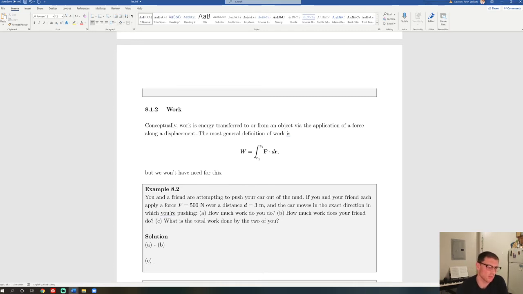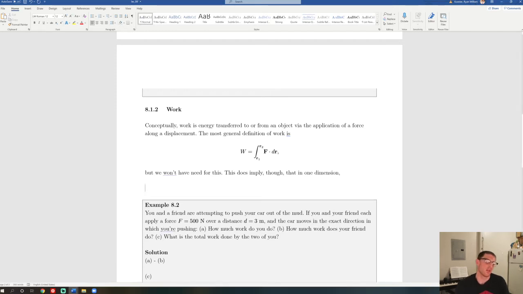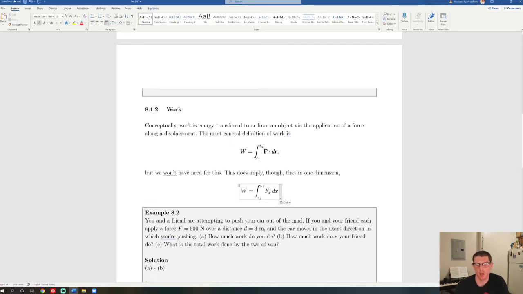What this implies, though, for one-dimensional situations, and we will use this, not a whole lot, but maybe for a homework problem or two, is that we can define work for the one-dimensional case accordingly.